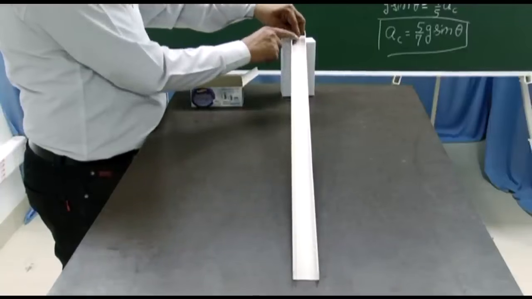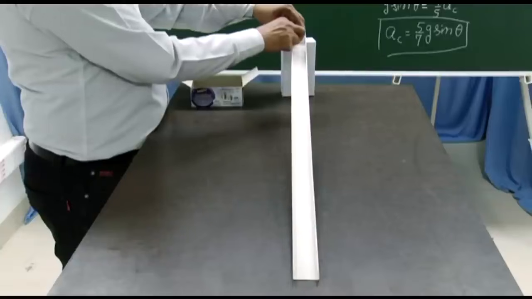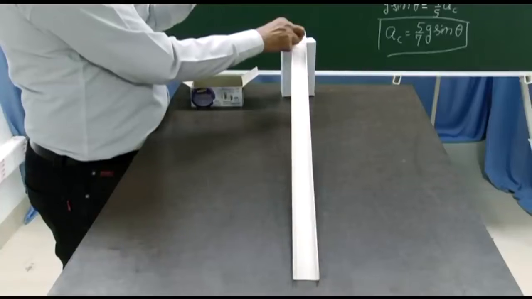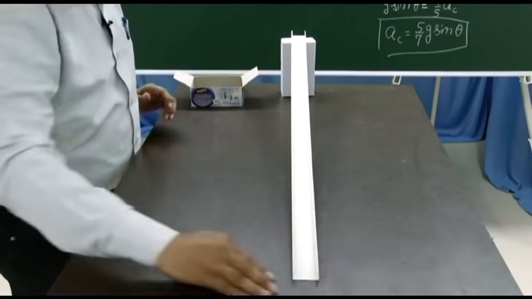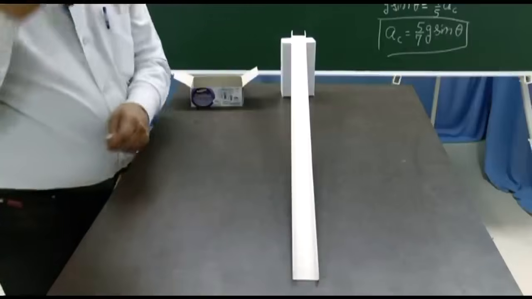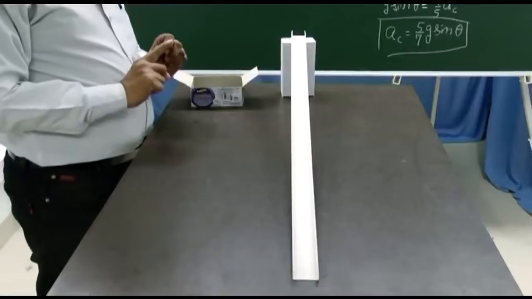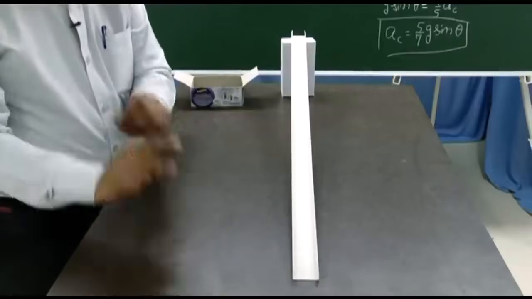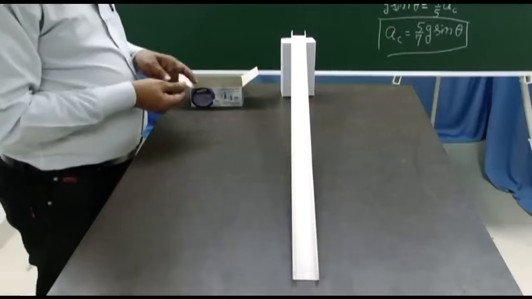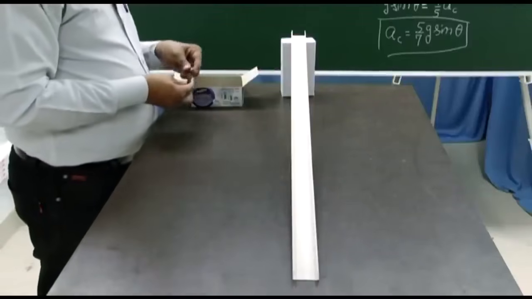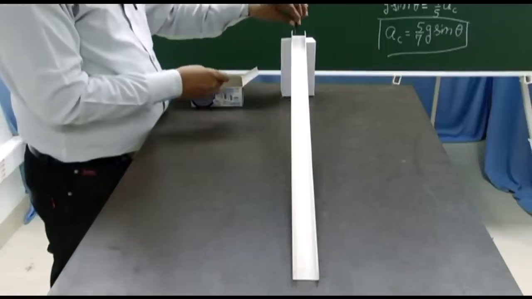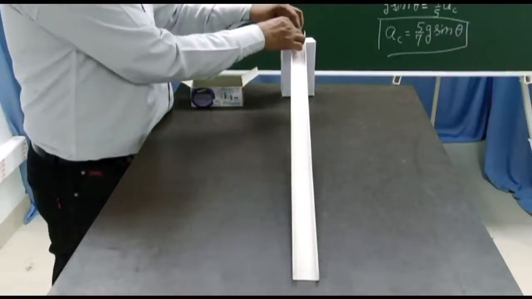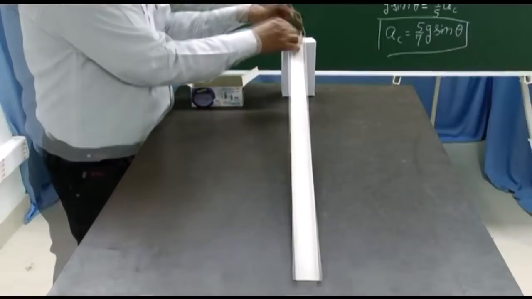So the disc is at front, the ball is at rear, and I release it from this position. So you see, they have gone at the same speed. Have they gone with the same speed really? If I put the ball ahead and the disc at the rear, see what happens.